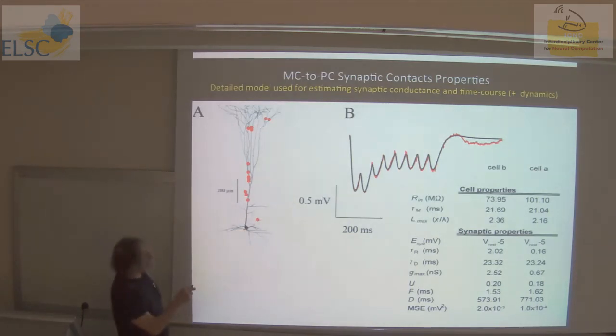And so using the detailed model, we try to estimate what the conductance change is, assuming that all contacts have the same conductance change, and that all of them are active. We can also assume some probability of being active, but inhibitory synapses are rather strong in their release probability, close to 1.8.